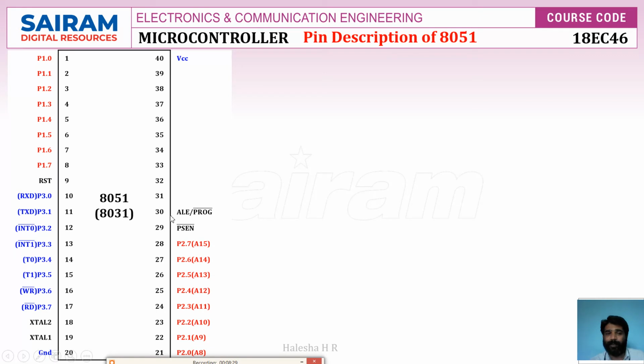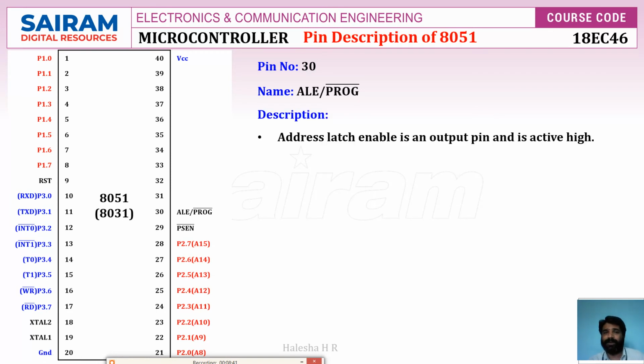That is pin number 30. In 8051 it is used as ALE. In 8031 it is used as a program control pin. Okay. So if it is ALE, then it is address latch enable, an output pin and active high, used for demultiplexing address and data lines.